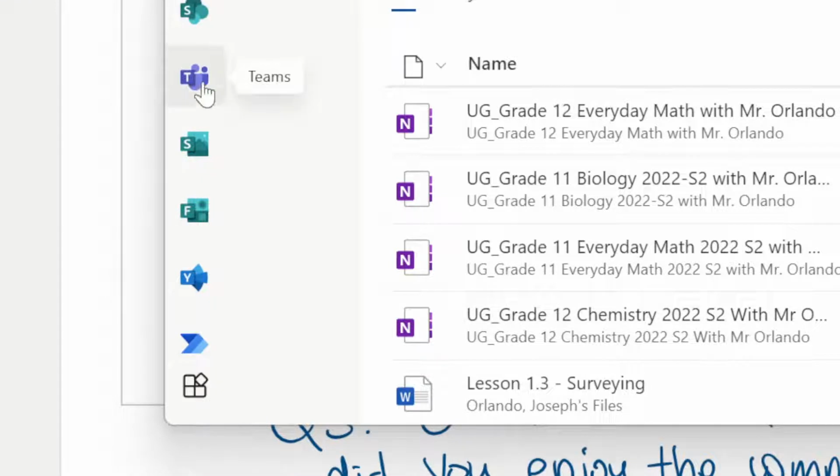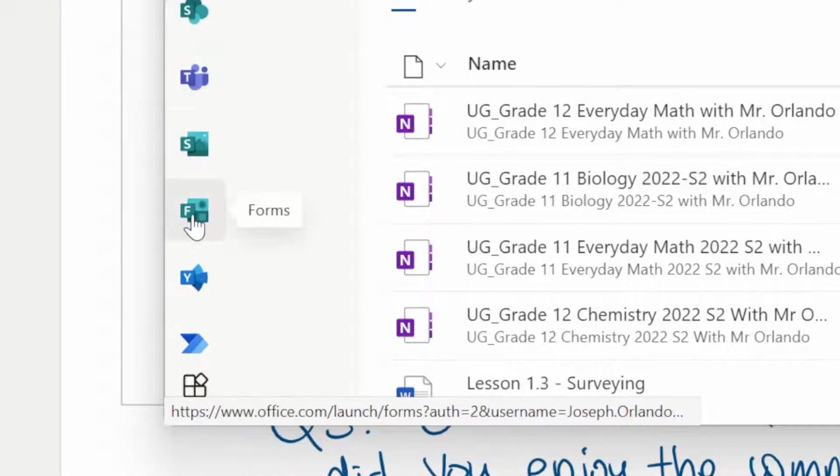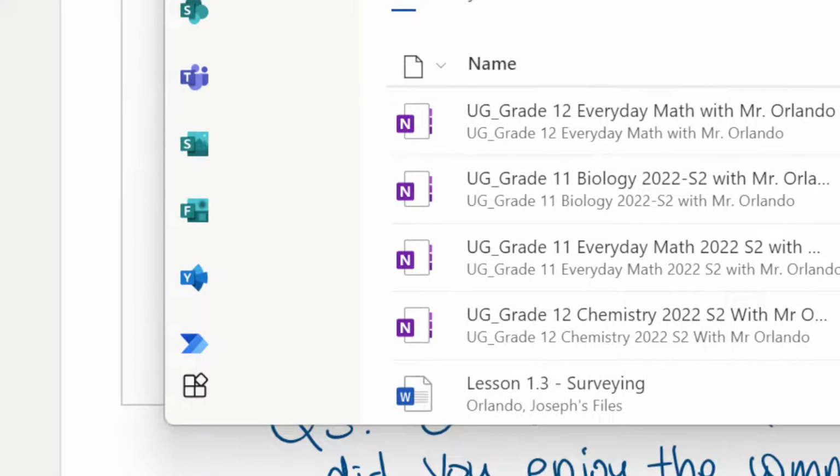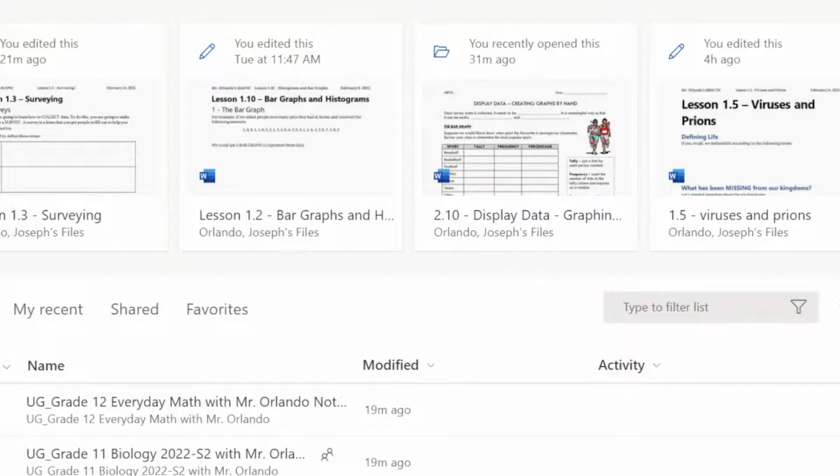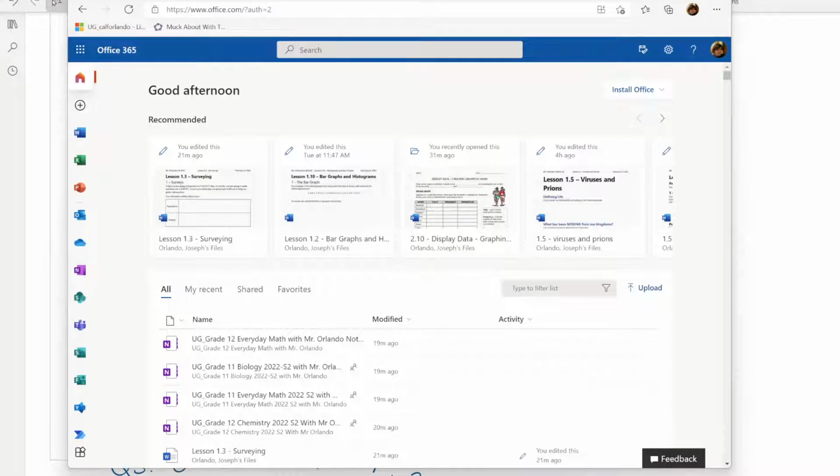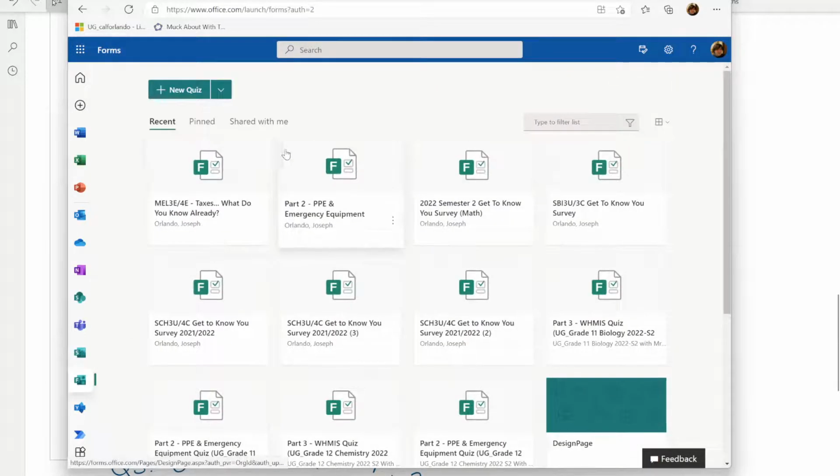Right here where it says Forms. Okay. I'm going to click Forms.